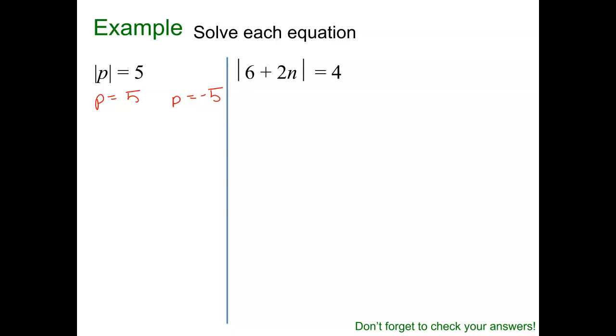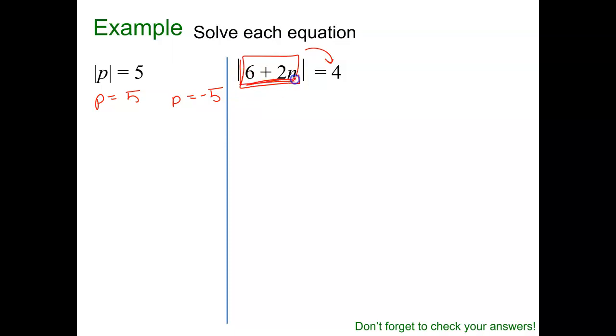Now here, I have a lot more than just a variable. I've got an expression. But what we're saying is that the absolute value of this has to give me 4. Well, there's two numbers that give me an absolute value of 4. What two numbers give me an absolute value of 4? Negative 4 and 4.